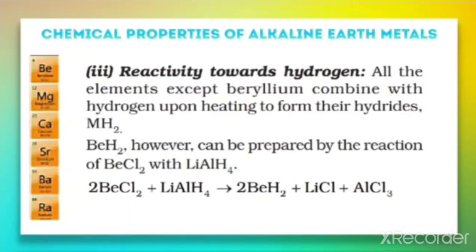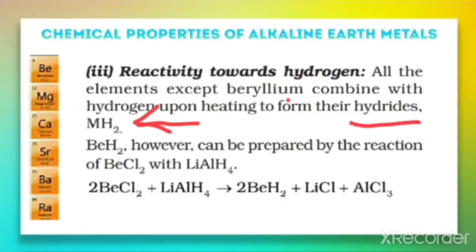All the elements except beryllium combine with hydrogen upon heating to form their hydrides. The general formula for hydride is MH2, where M is the alkaline earth metal. So except beryllium, all the other elements of group 2 combine with hydrogen to form metal hydrides.